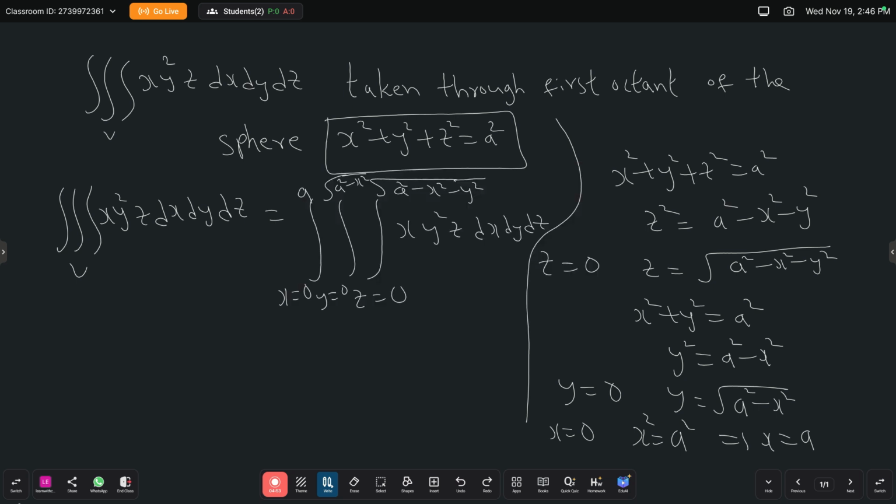Now we have to integrate this integral. Observe the limits here. The first limits are for z. So first of all you have to integrate with respect to z.